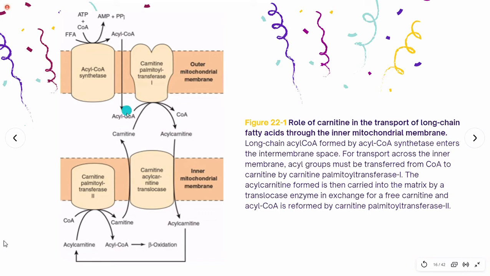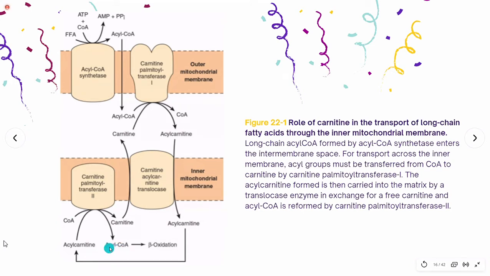No? So, if only the inner membrane would allow acyl-CoA to come in, there is no need for carnitine. So there you are. Now acyl-CoA is ready to be catabolized, chopped into several acetyl-CoAs. No? Acyl-CoA is different from acetyl-CoA. Acetyl-CoA is 2 carbons. Acyl-CoA, we do not know how many carbons.